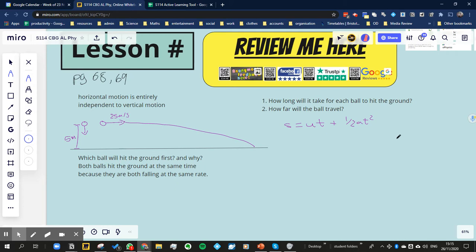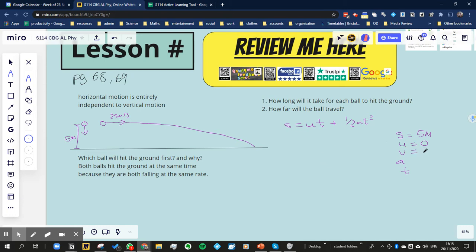If I write the word SUVAT out, I can see what I have. Well, the displacement that it's going to be traveling vertically is 5 meters. The initial velocity would be 0, because I'm not throwing it downwards. It's not going to have a starting velocity. It's just going to be traveling from rest.